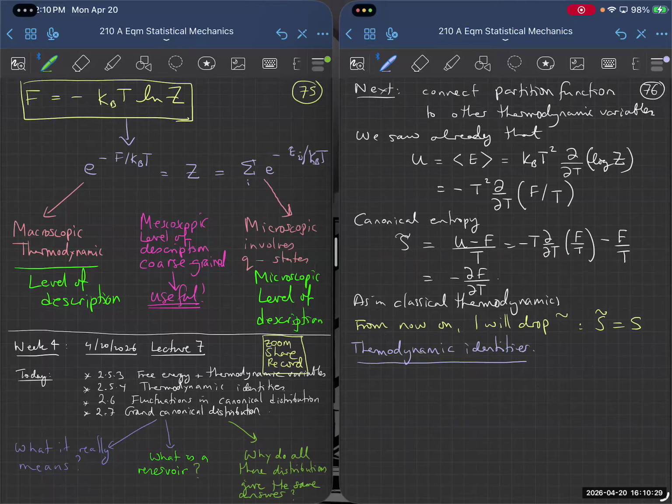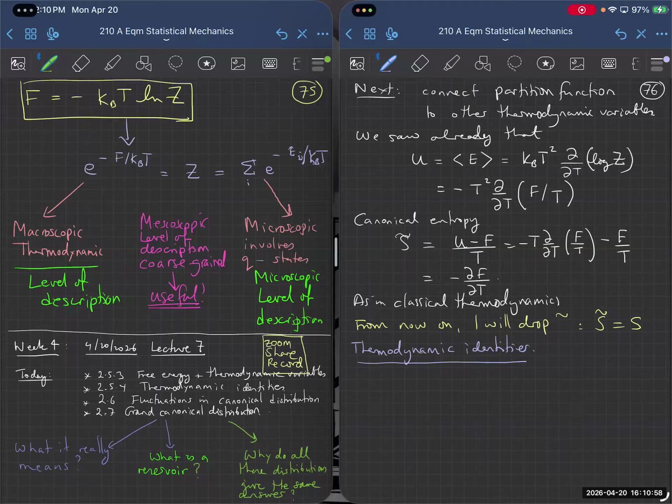Does somebody have a question, Jake? Yeah, could you explain again when we use S and S tilde? S was the thing we did when we were just counting quantum states in what we call the microcanonical distribution. And S tilde was the thing we did when we introduced the canonical distribution, where we allowed the energy to fluctuate but the temperature to stay constant.